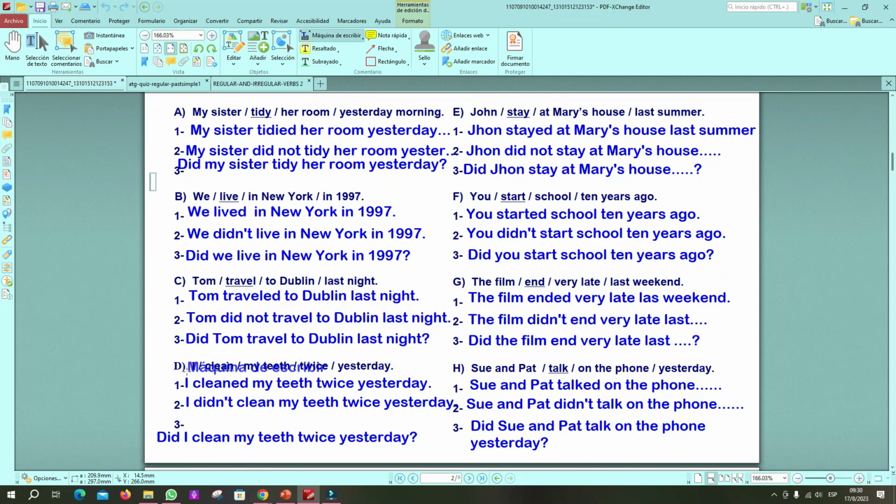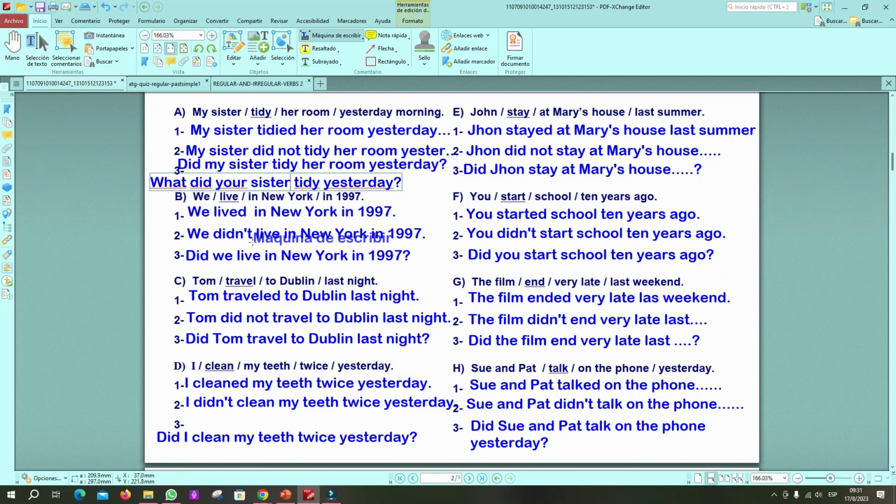You can say, for example, what did you tidy yesterday? For example, that would be one, maybe. What did you tidy yesterday? Or what did your sister, because you have a sister there.